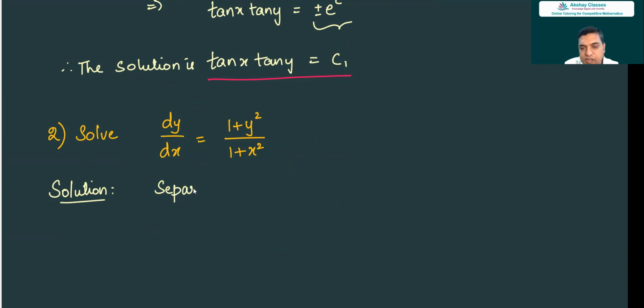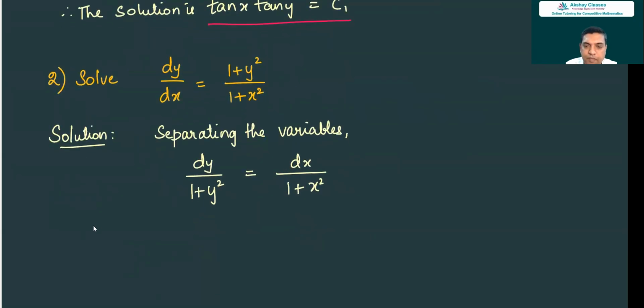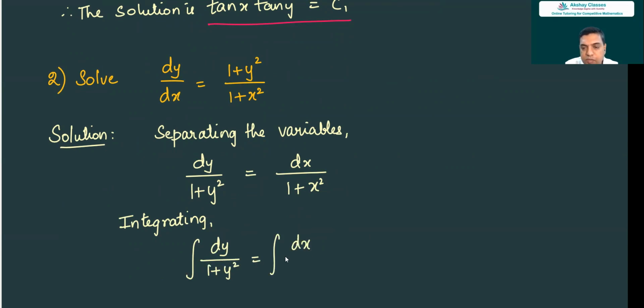Separating the variables, we get dy upon 1 plus y square is equal to dx upon 1 plus x square. So on integrating, dy upon 1 plus y square, dx upon 1 plus x square.